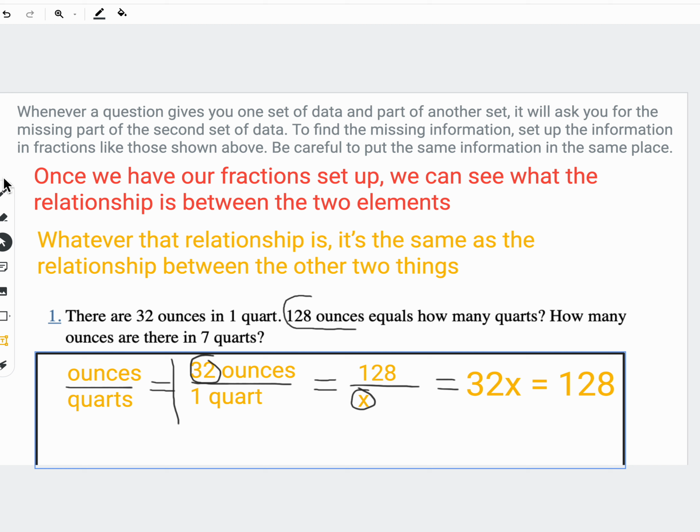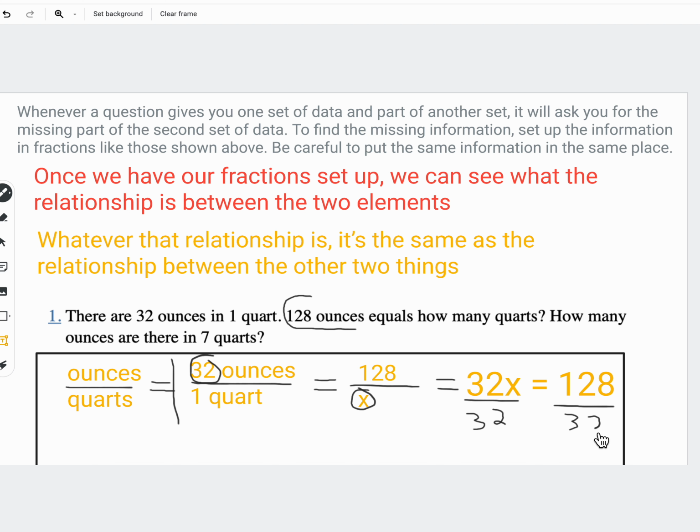Now we can divide both sides by 32. 128 divided by 32 is 4. Our first answer will be x equals 4. 4 quarts.